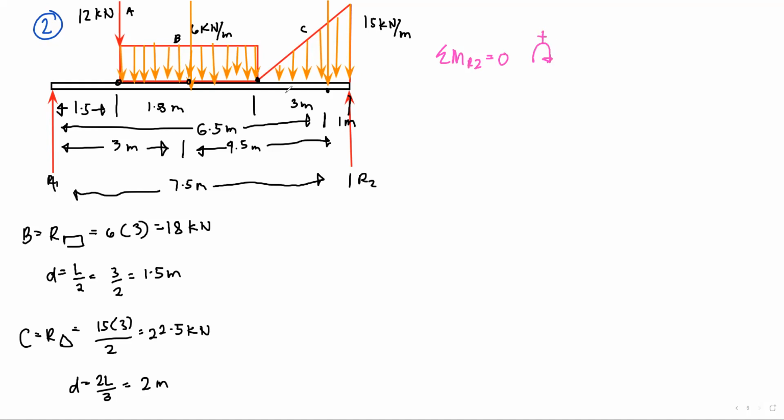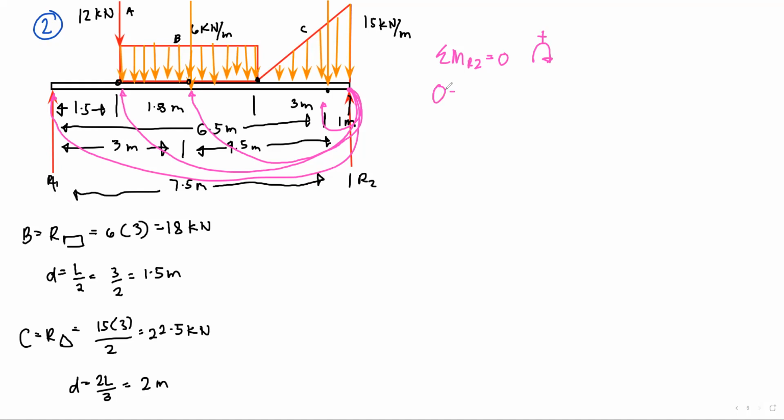Clockwise forces are positive. All our downward forces, A, B, C, are negative, while R1 is positive. So we can now move R1 to one side.